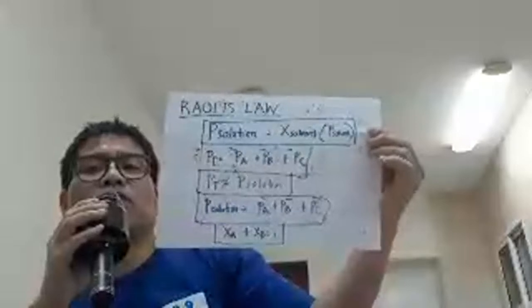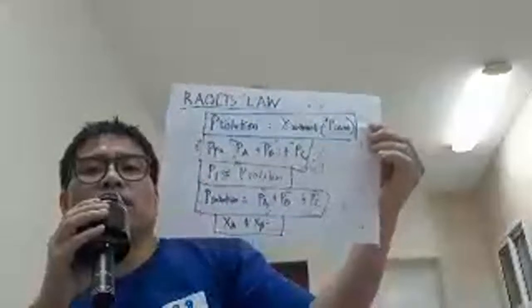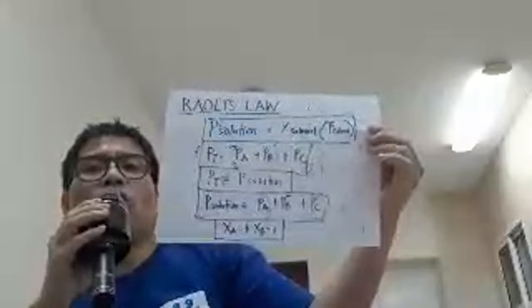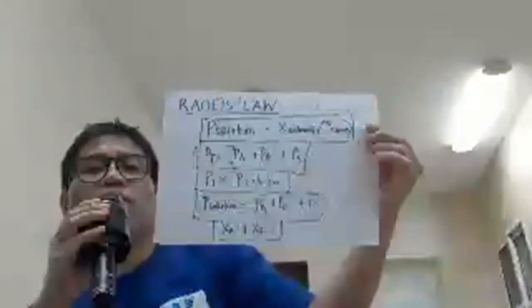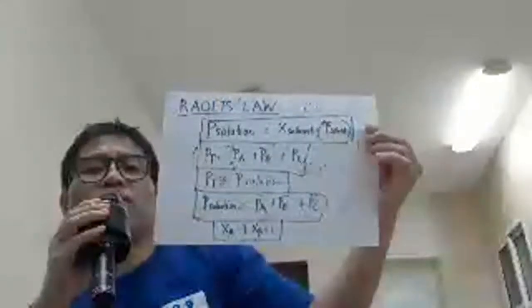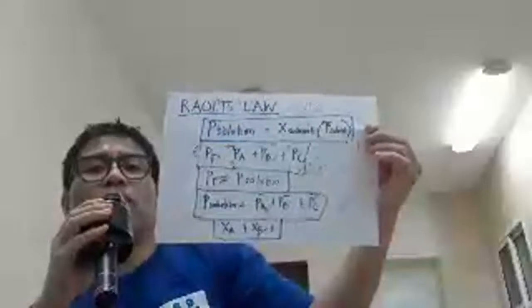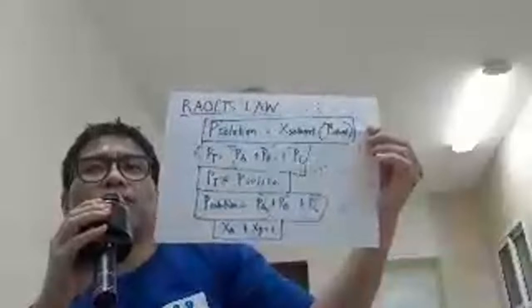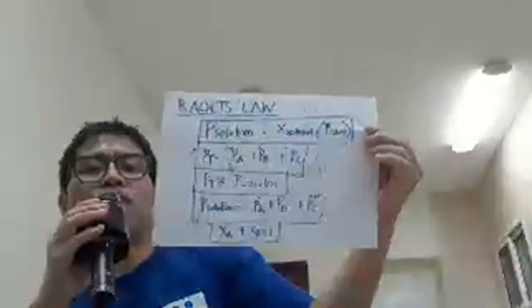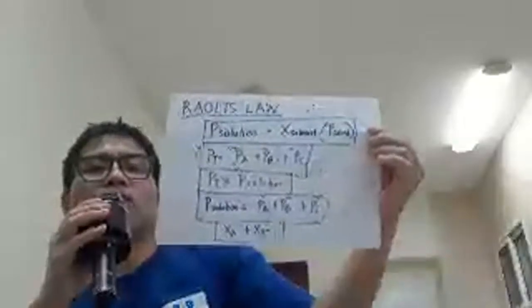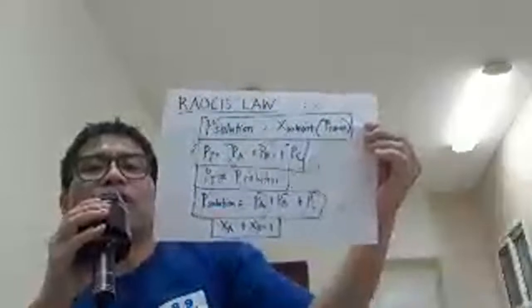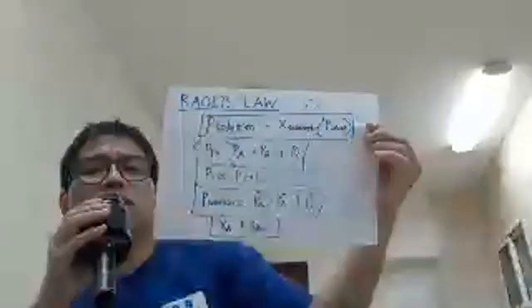Therefore we conclude the vapor pressure of the solution is equal to the partial pressure of component A plus partial pressure of component B plus partial pressure of component C. If we have only two components, A and B, then we have XA plus XB equals 1. Okay, like that.